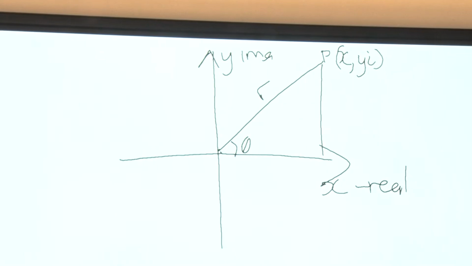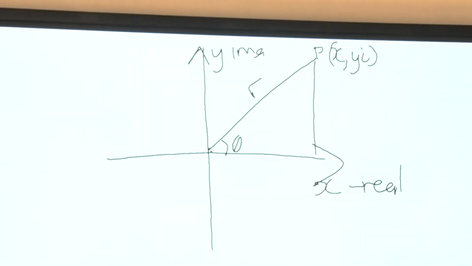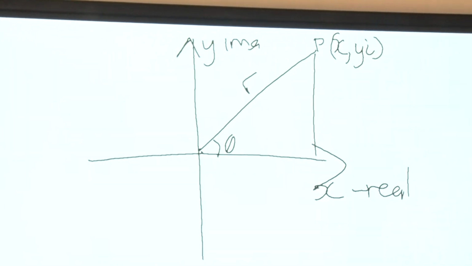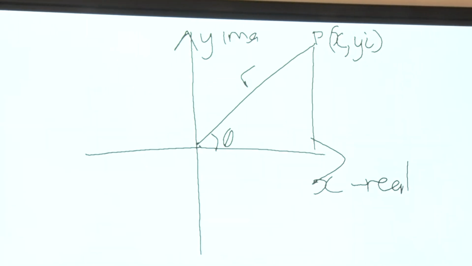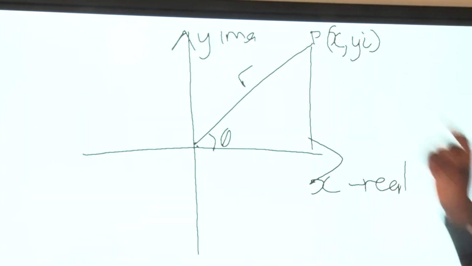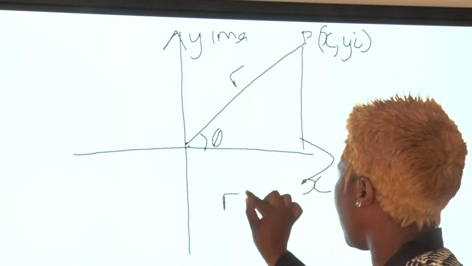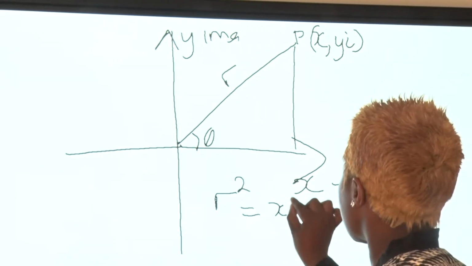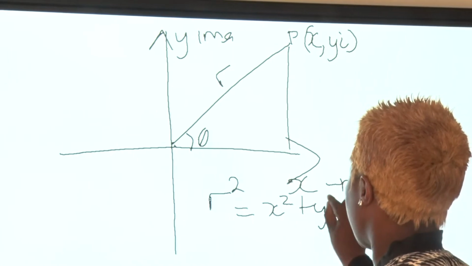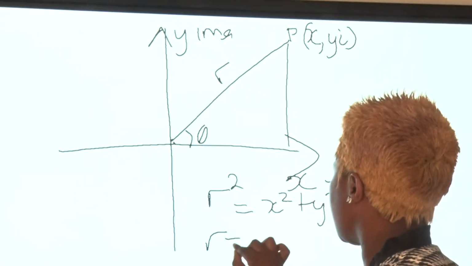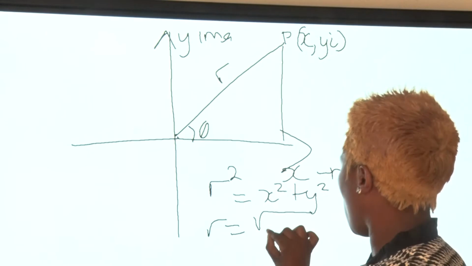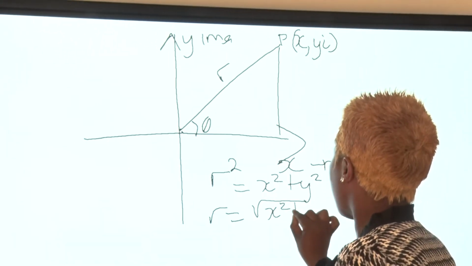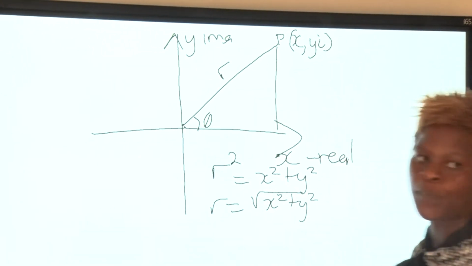Point P has coordinates x and y, and r is our modulus. How do we calculate r? r squared is equal to x squared plus y squared. r is equal to the square root of x squared plus y squared.